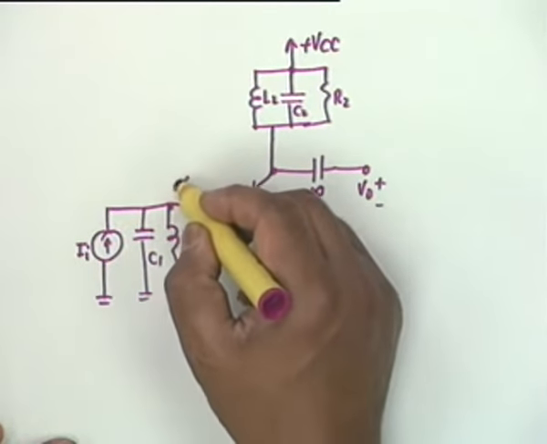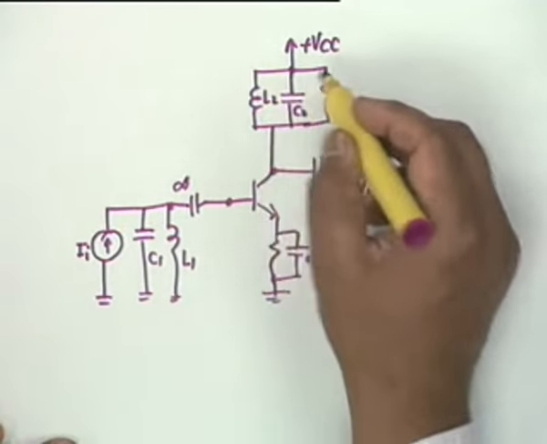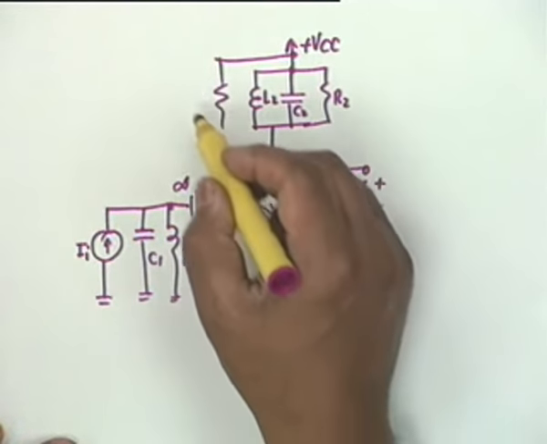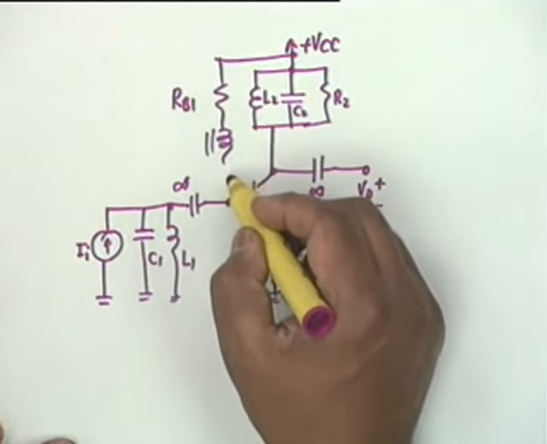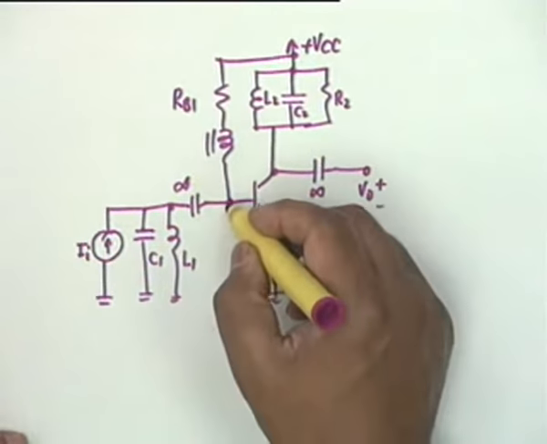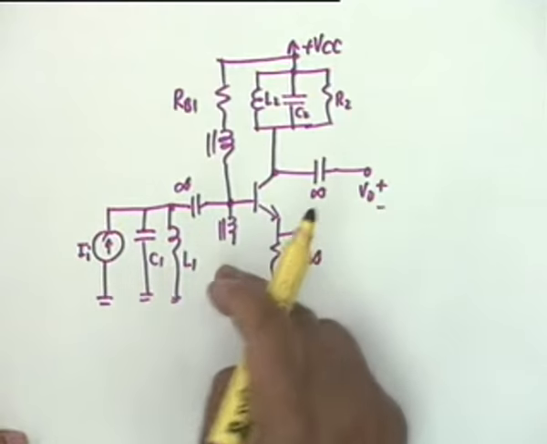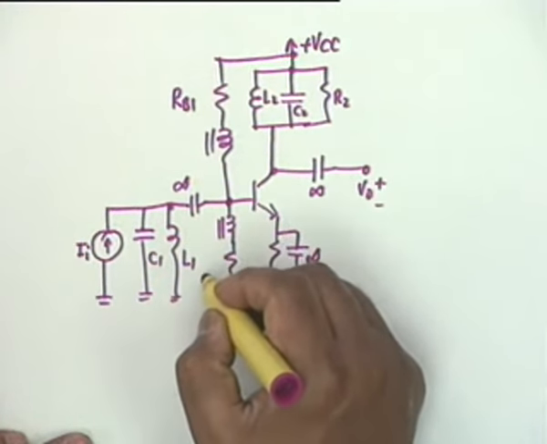So a coupling capacitor which is infinitely large. Then I have the biasing arrangement, some resistance RB1, and if you want it to be AC open, then you use an RF choke here, you use an RF choke here also, so that RB1 parallel R2 does not load L1, and then you have RB2 to ground.